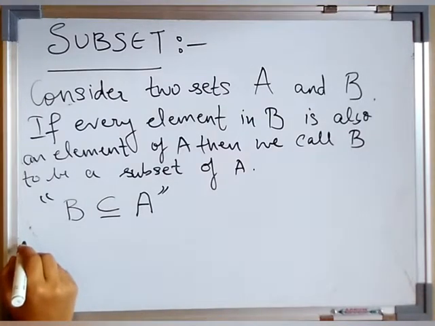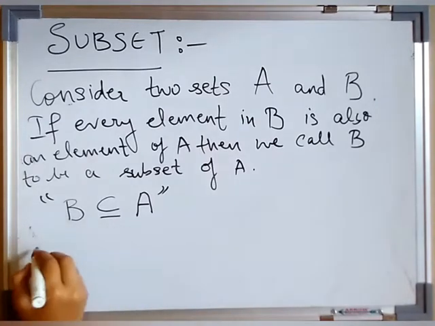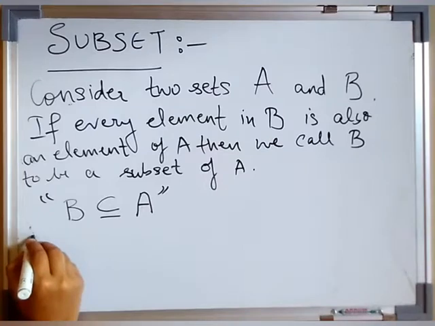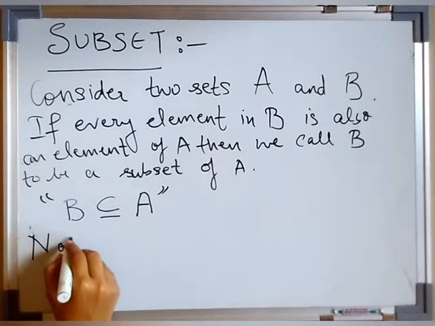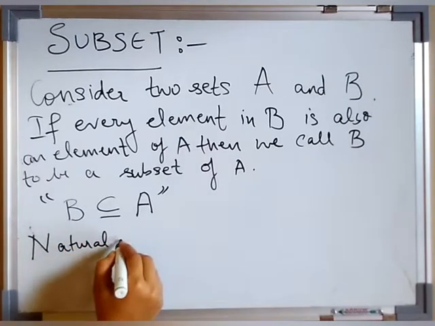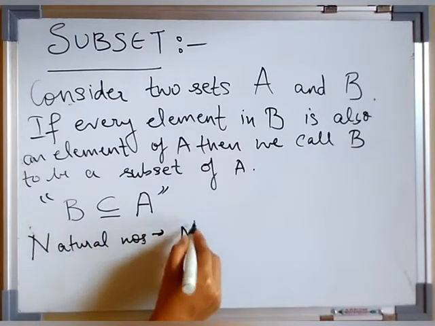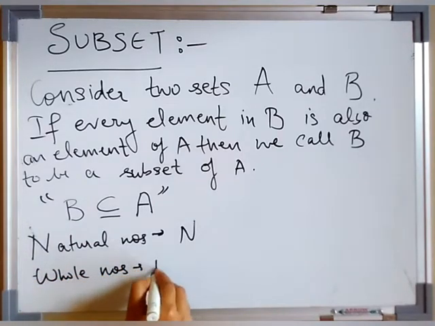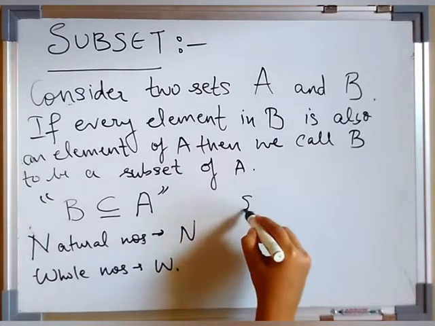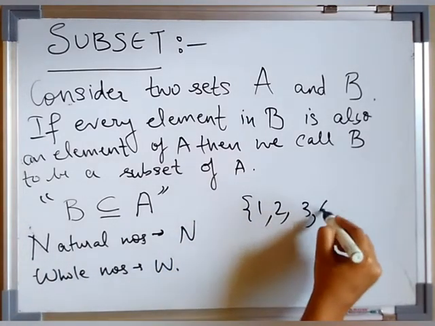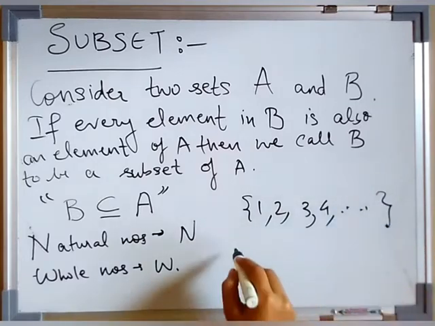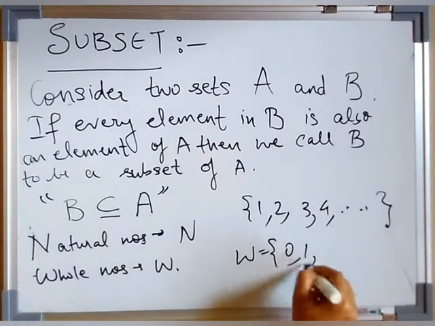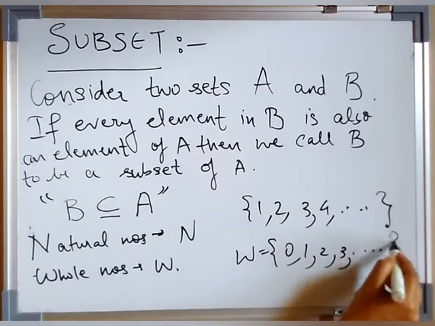Now we'll find an example. Do you remember the fundamental number sets? That is the set of natural numbers, that is N, and the set of whole numbers, that is W. Natural numbers start with 1, 2, 3, 4 and continue. Whole numbers start with 0, 1, 2, 3 and continue.